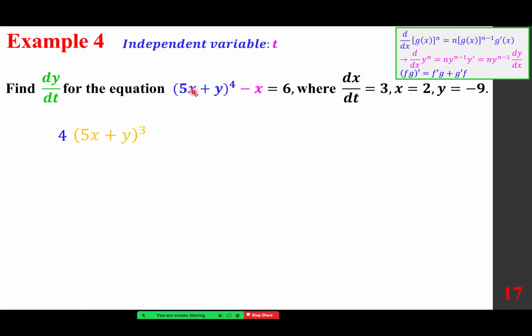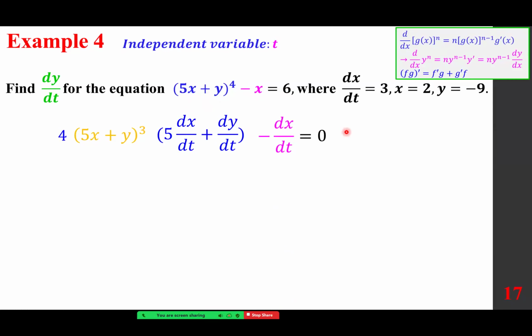I need the derivative of the parentheses, which makes it 5 dx/dt plus dy/dt. So the derivative of the inside is what you see here. Minus x, that means minus dx/dt, any number, including 6, results in 0. And again, we are done with calculus.